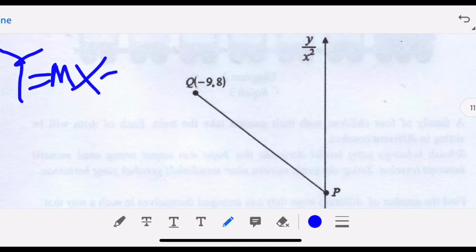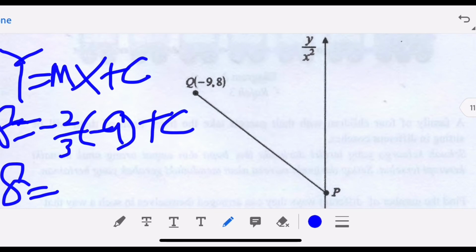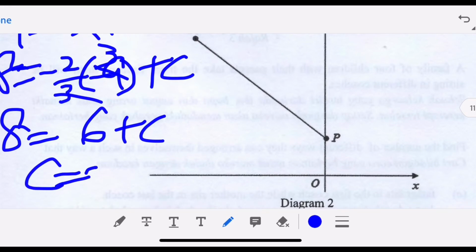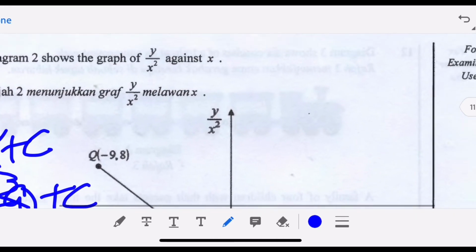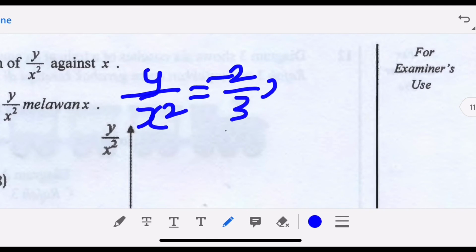So now I'm going to show you how I find the c by substituting the 8 as my big Y and my -9 as my big X. I solve it, and my c is 2, so I use c equals 2 and write my equation again: y over x squared equals -2 over 3 x plus 2.